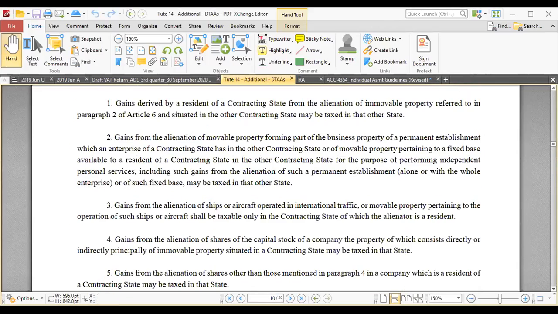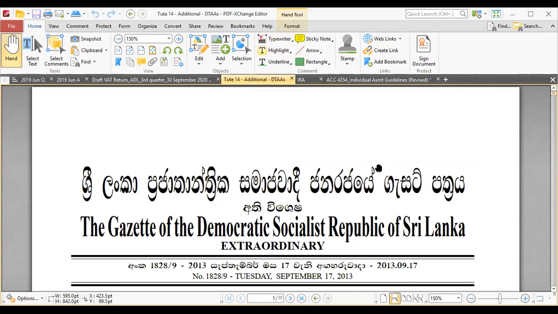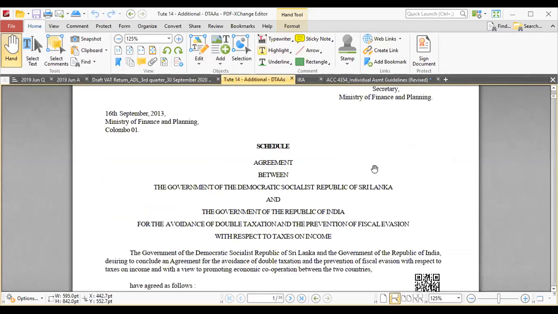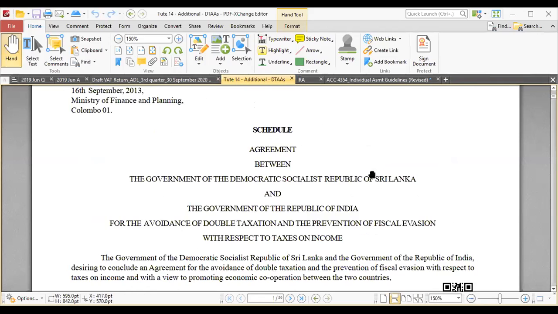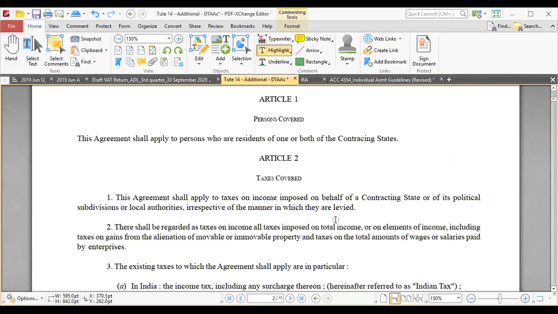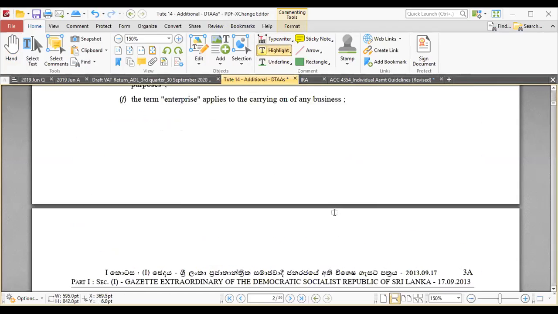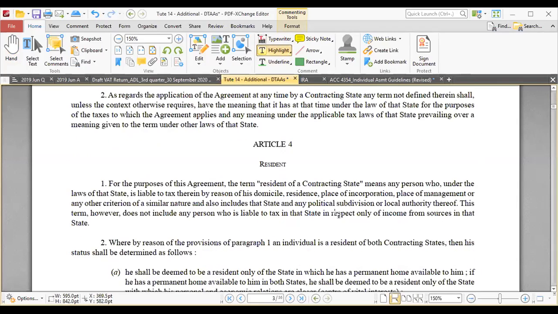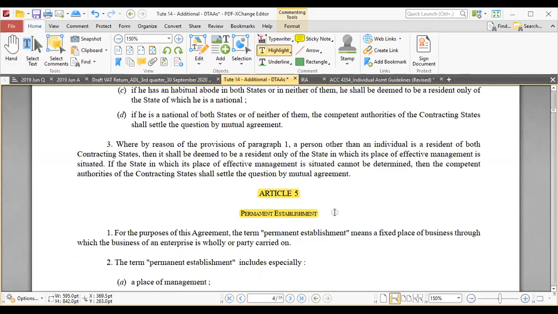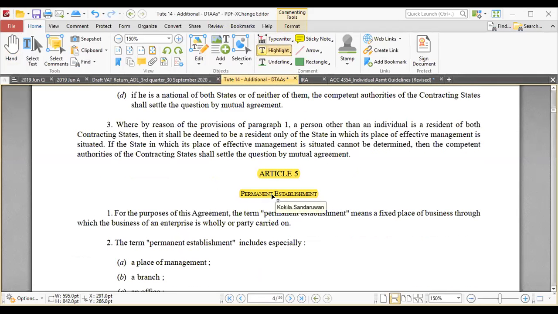So if you go to the DTA, this is the DTA between Sri Lanka and India. Then what are the articles I have asked you to analyze?